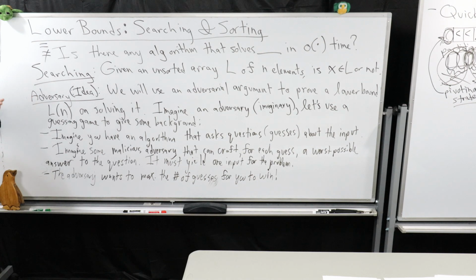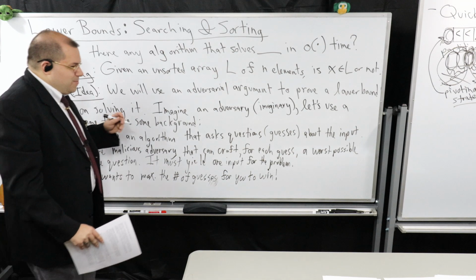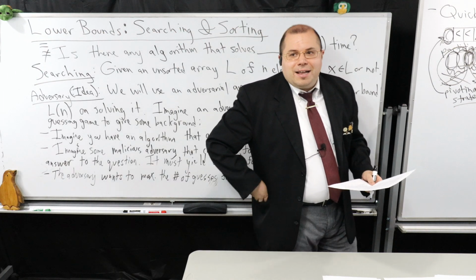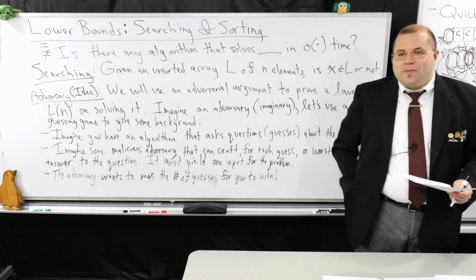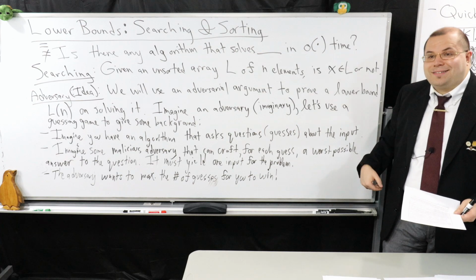So the algorithm will perform some guess, and in our case, the guesses are going to be checking if something's equal or not equal, or if we're doing sorting, it's a comparison. The goal is that we're going to try to craft an instance that, given any algorithm, under such an assumption, it's going to take at least a certain number of operations for you to, in our analogy, win the guessing game.